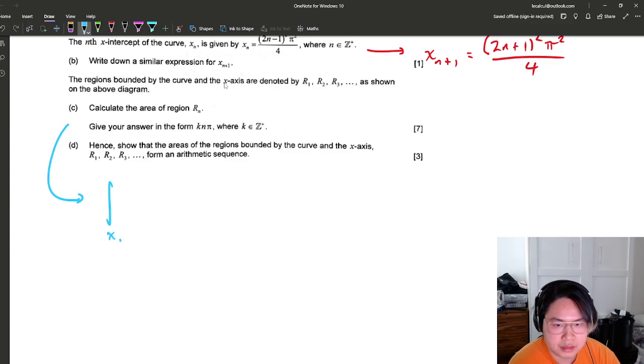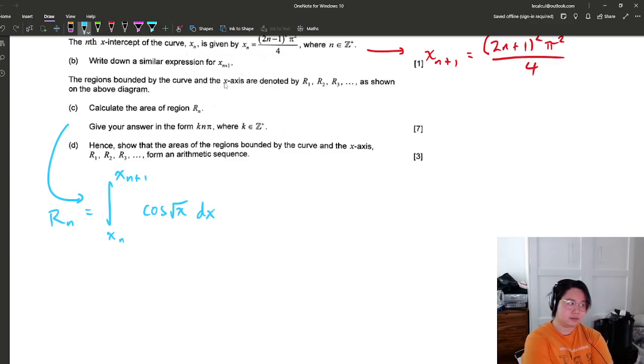So for Rn, this is the integral from xn to xn plus 1 of cosine root x, your function. And then we know what that function's antiderivative is.